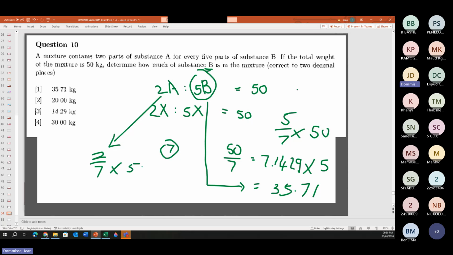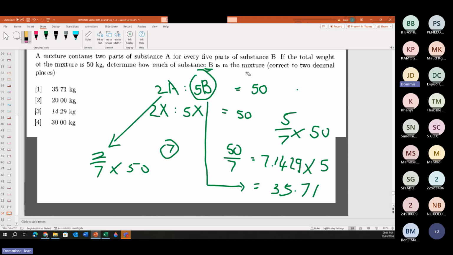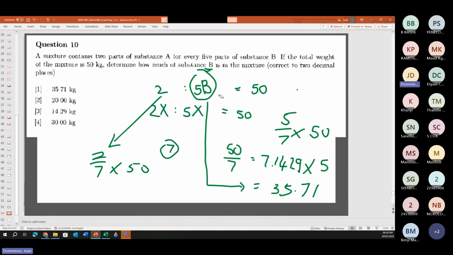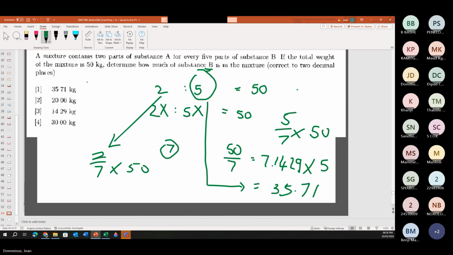Okay, so probably easier to look at it that way. 2 portions, 5 portions, so in total there's 7 portions. Because there's 7 portions, one component is 2/7, and the other one is 5/7. So that is probably a bit easier to look at.